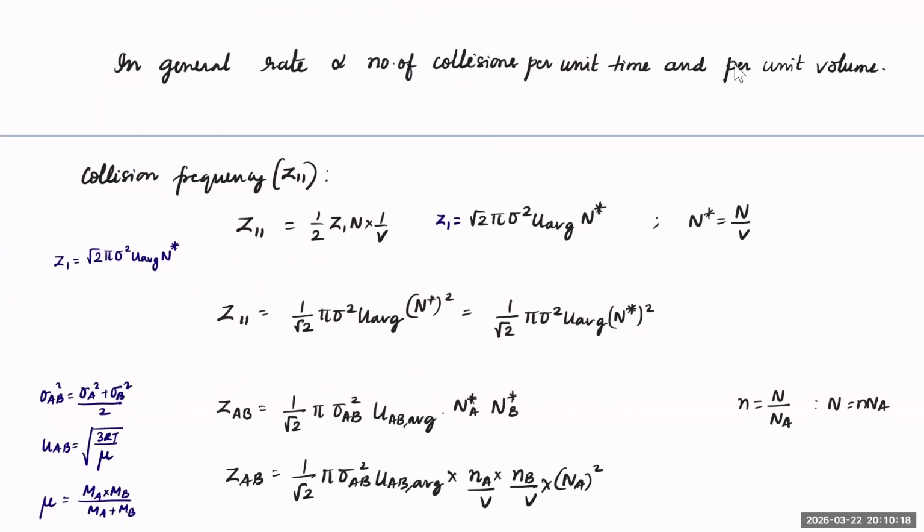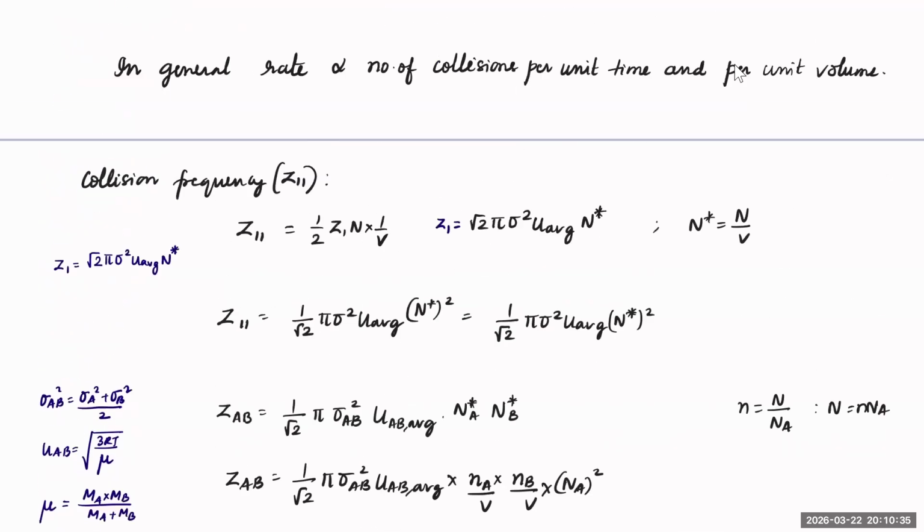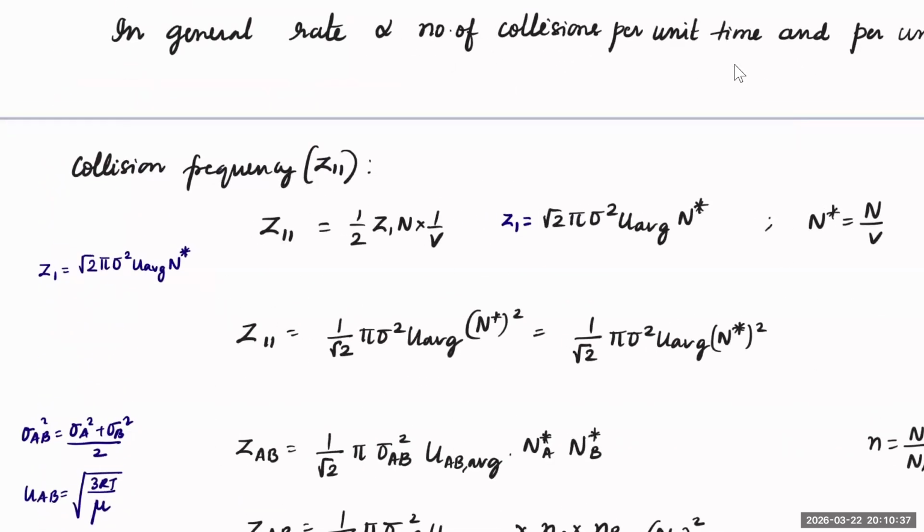Now there are multiple types of collision factors, if you could recall. One is collision frequency, which we represented by Z11. If you may recall, there was one definition which is collision number. Collision number is usually represented as Z1.